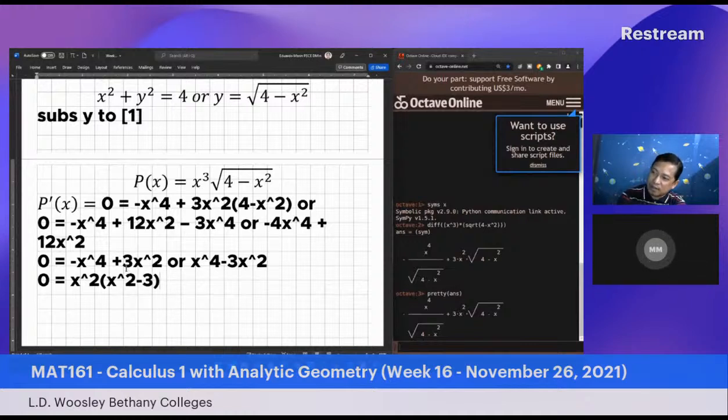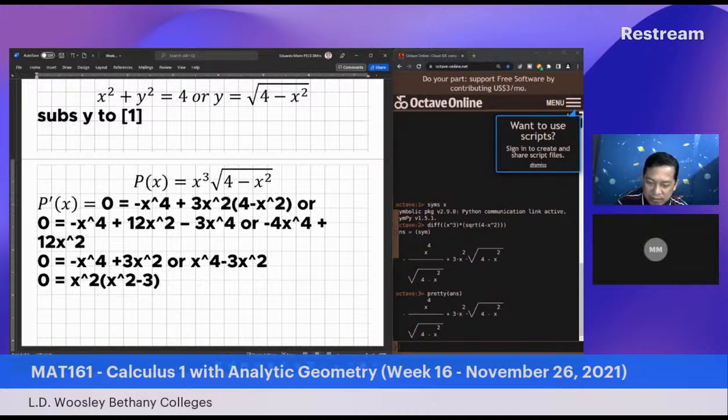Kaya na lang. Ano nangyari? Okay ba? Saan napunta yung 4? Yung 4, dinivide ko. Dinivide ko eh. Nawala na yung 4, kaya 3 na lang. Tapos binalik, reverse ko yung sign. Tapos, pinactor out natin yung x squared.